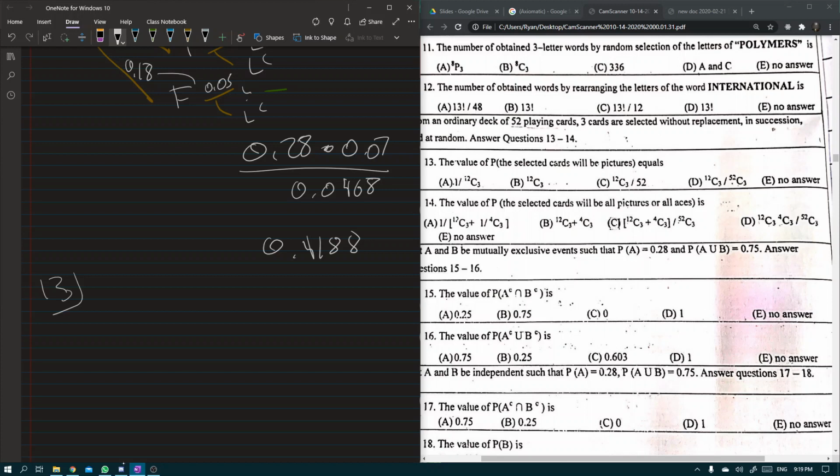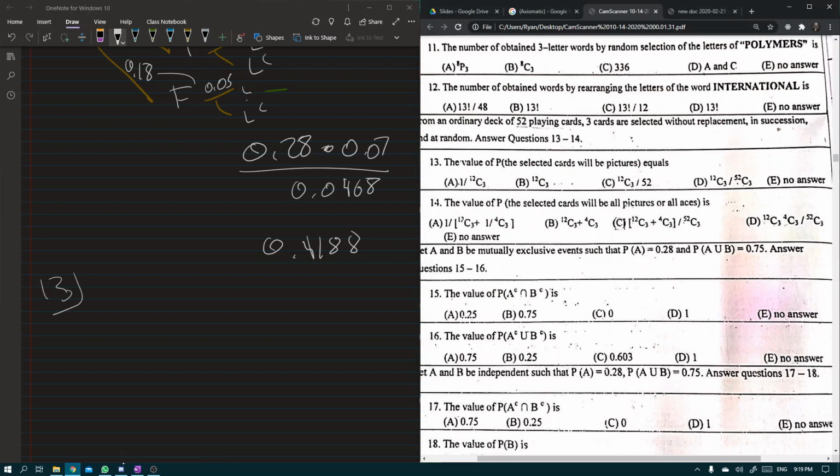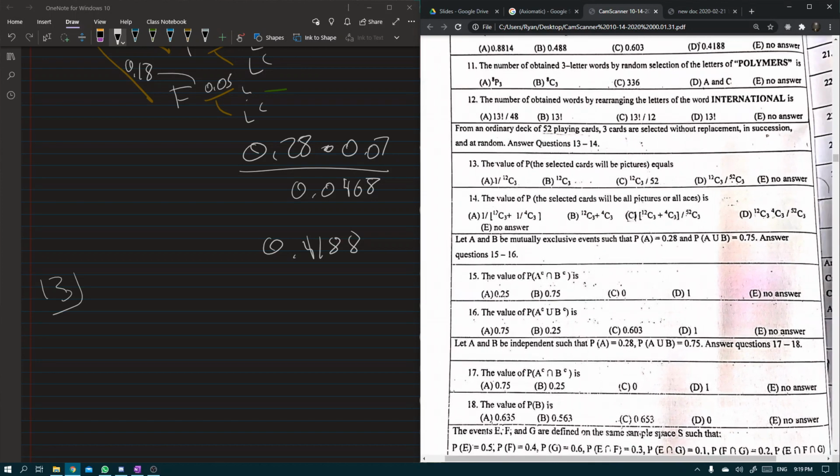Value of P. Selected cards will be pictures. It's a picture. What's a picture?